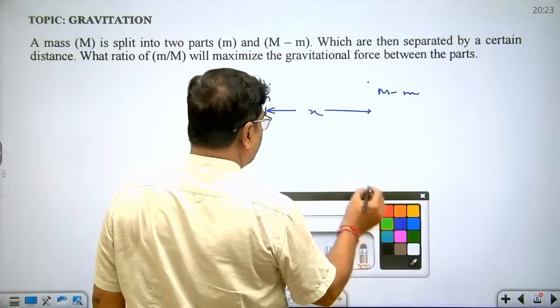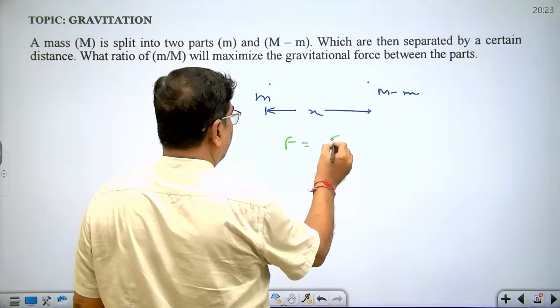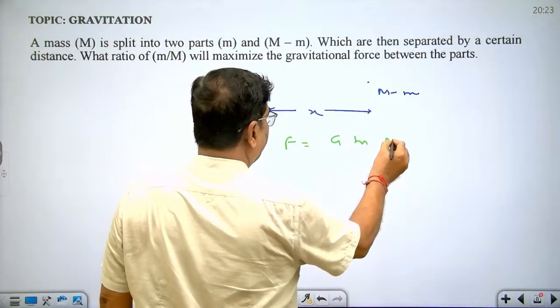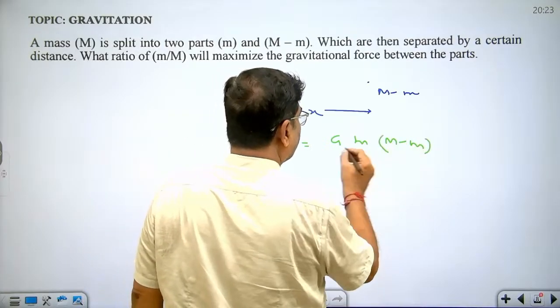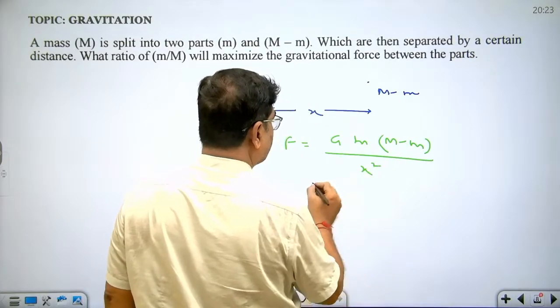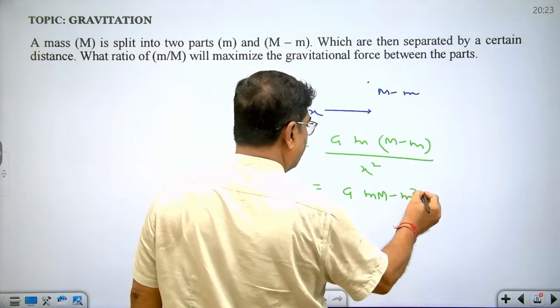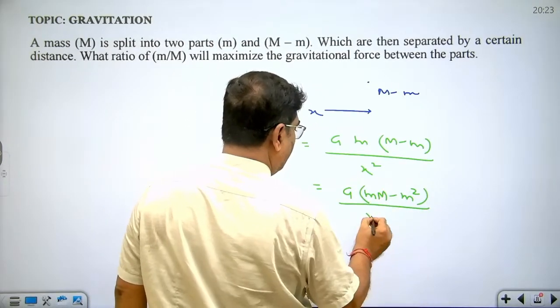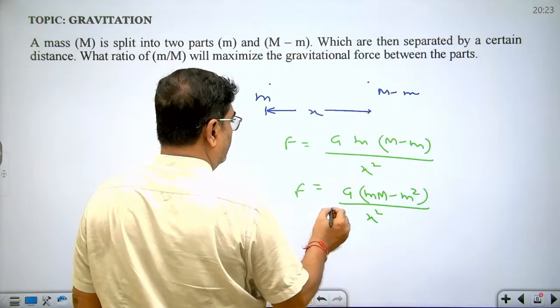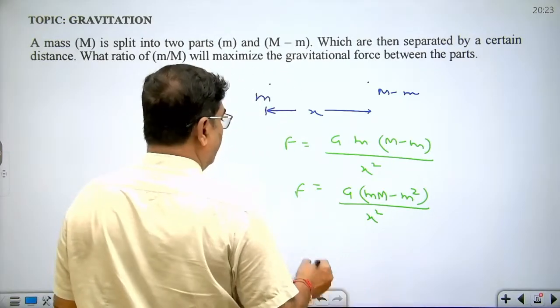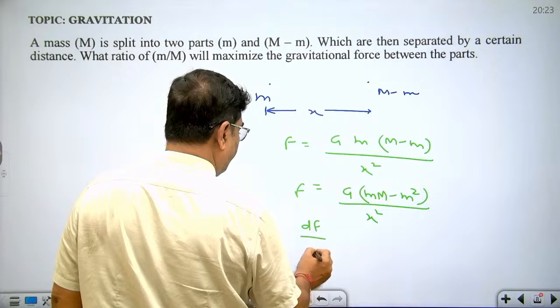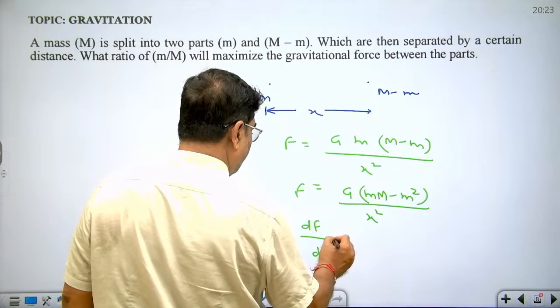So the gravitational force between them is F equal to G m into (M minus m) upon x square. This is G (Mm minus m square) upon x square. Here capital G, capital M and x are constant. To maximize force, we differentiate, dF upon dm equal to 0.